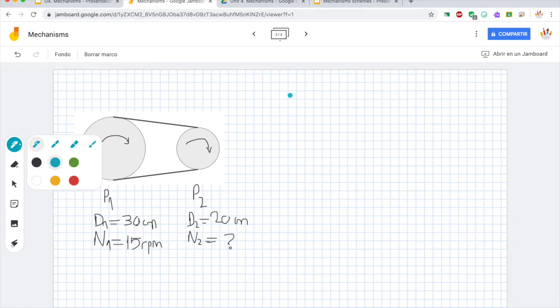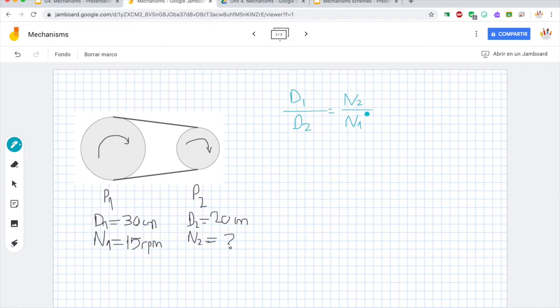Just apply the formula. The speed is inversely proportional to their sizes. So D1 divided by D2 is equal to N2 divided by N1.